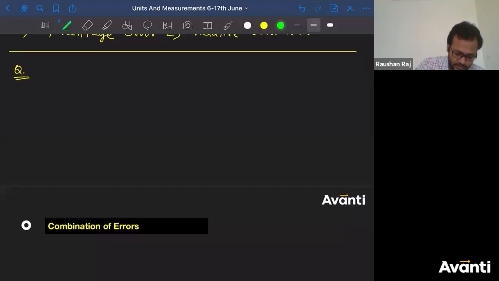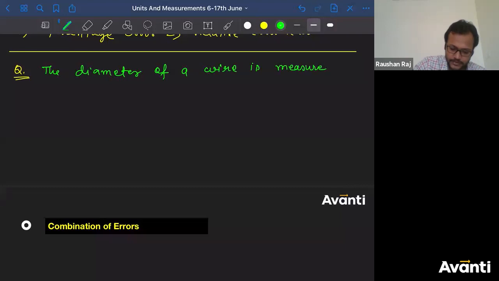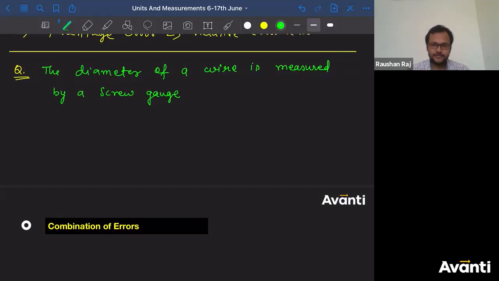So the diameter of a wire is measured by a screw gauge. You will study this measurement device. Don't worry, I'll teach you. ठीक है? Fraction into 100 is क्या तुम्हें explain करना है percentage error? The diameter of a wire is measured by a screw gauge.